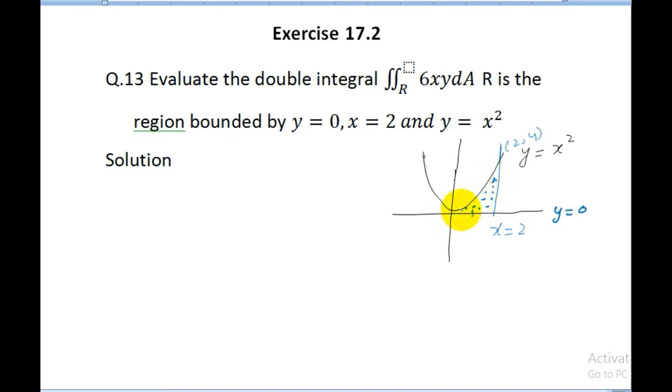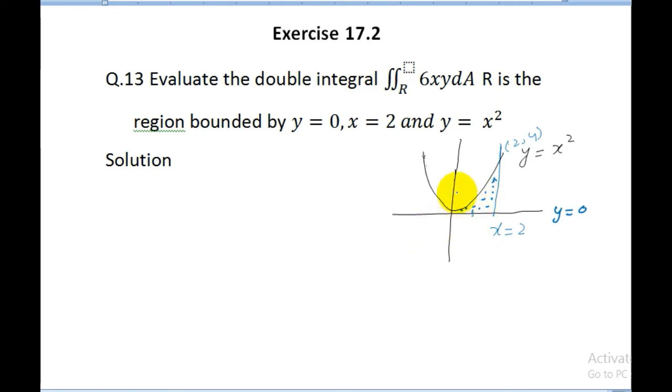Now the most important task is to find the limits of the double integral. So we can find these limits in two ways. The first way is to find the limit of x on this region, and then find the limit of y by a strip parallel to the y-axis.